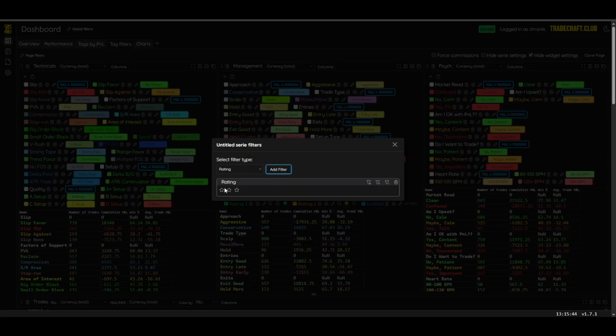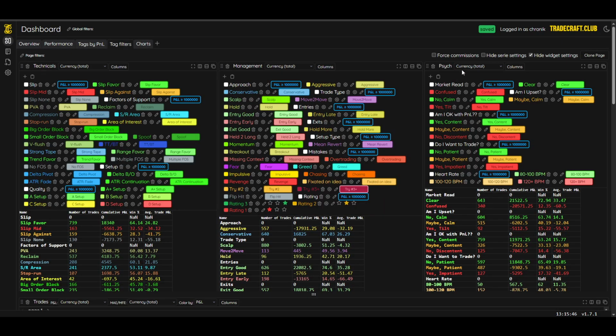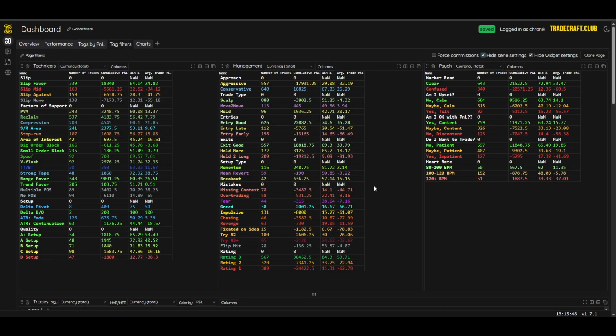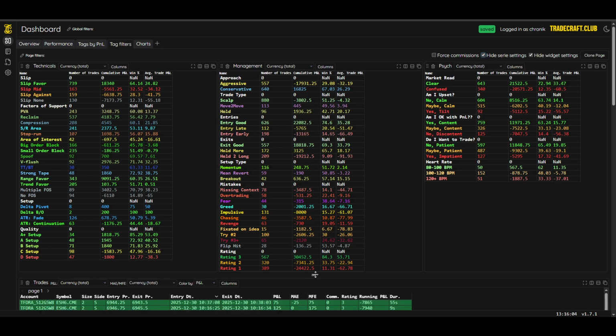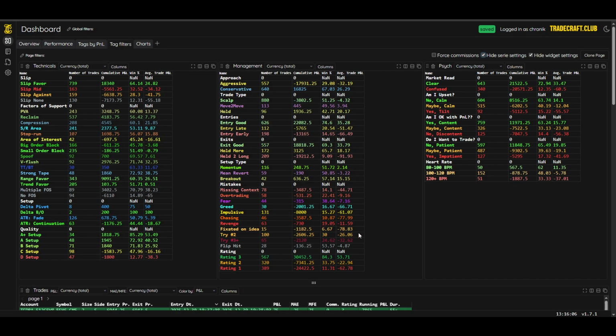Is there any other management tags I need to know about? Yeah, there is, but I think I'm forgetting something over here on the technicals.